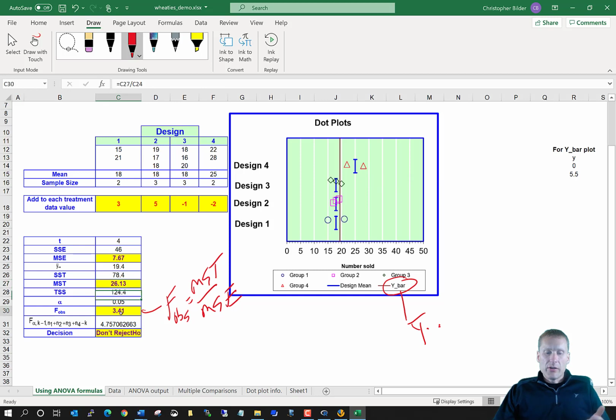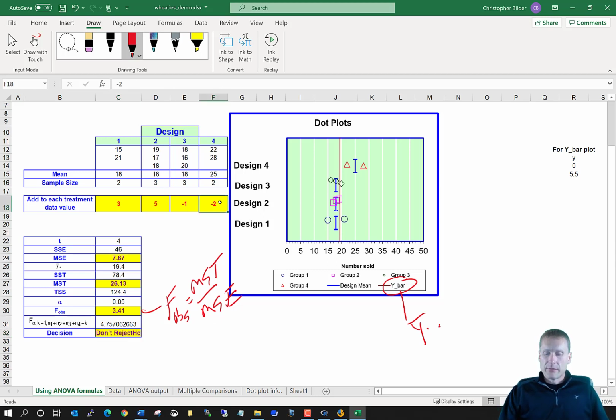MST has changed. Look at F obs. That has increased even further. Now it's 3.41. But still, it's not enough evidence to say, yes, indeed, the population for all the stores here, that design 4 would have a larger mean sales than design 1, 2, and 3.